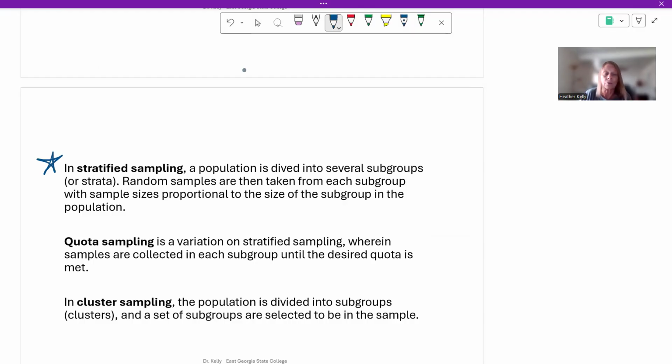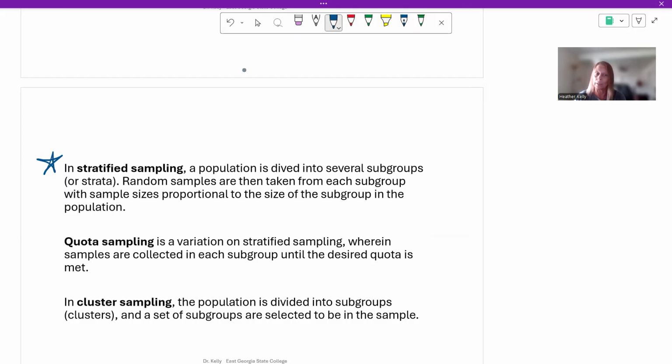Just look at any social issue. We could be talking about grouping into age groups, gender, race, all sorts of things here in stratified sampling.